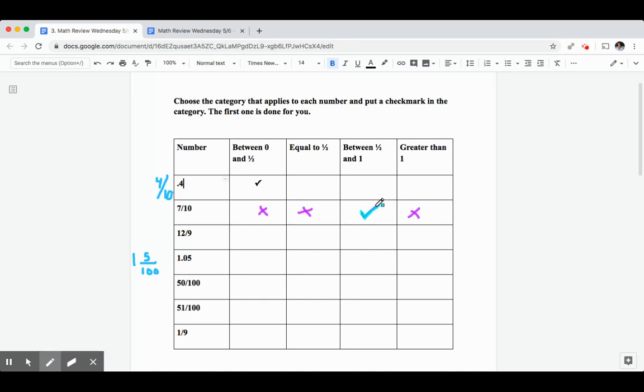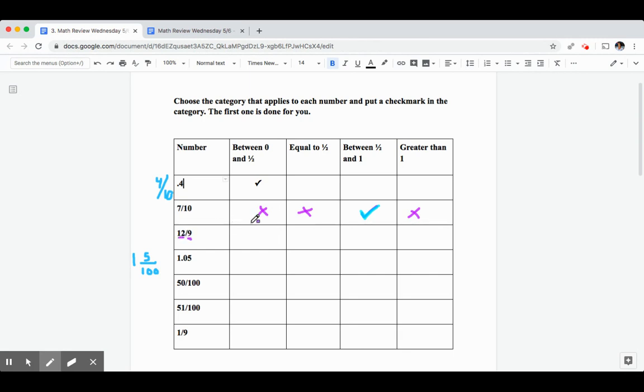Let's do the next one. 12/9. Right away, what do you notice about this fraction? Without doing any math, you should have been able to realize that this was a fraction greater than 1 because our denominator is 9 and our numerator is 12.